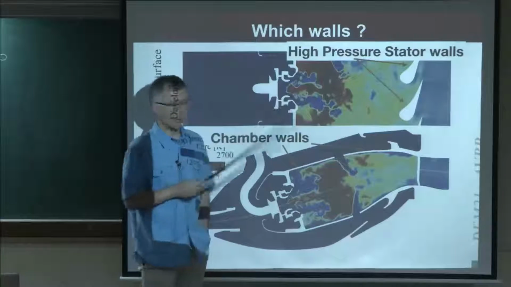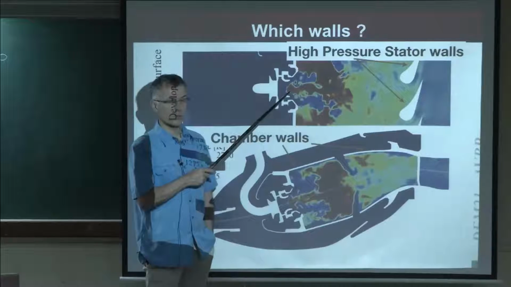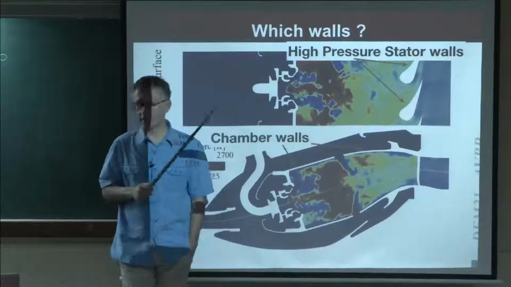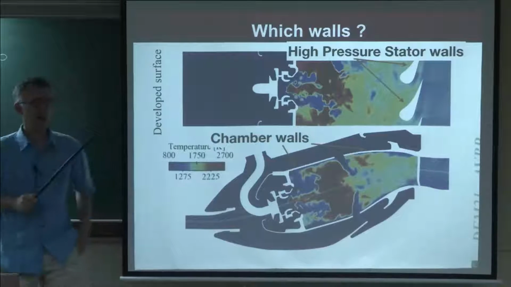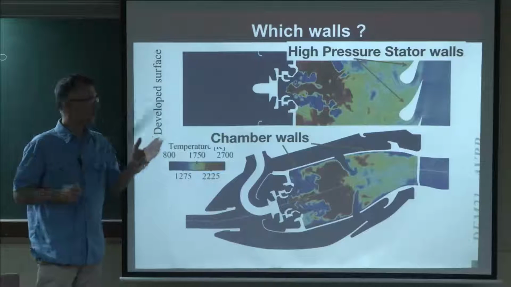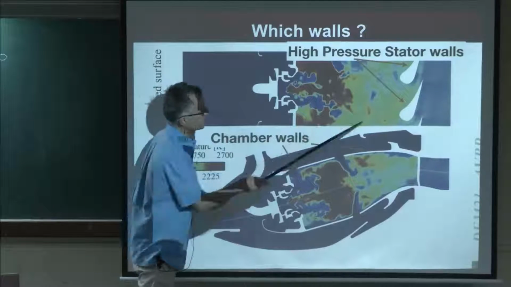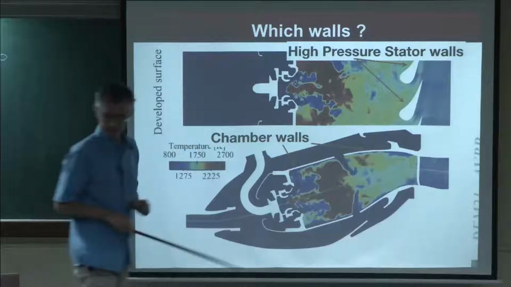Now, we solved already one problem. Because we use swirl, we know that here, this recirculation zone, which is mandatory for flame stabilization, is far from any wall. So this one is okay. But we still have all the walls here, and we have the blades to worry about.